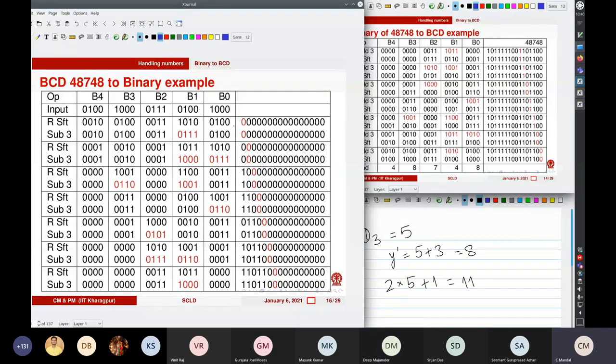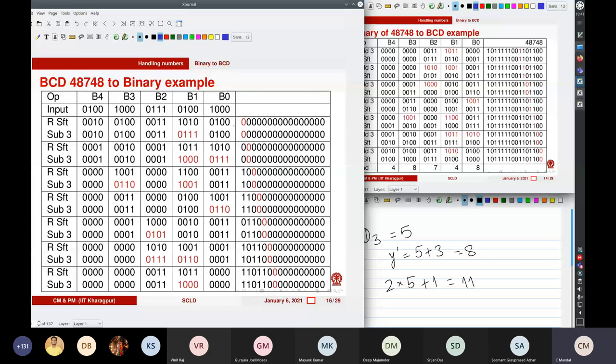Over there also, you start off with all zeros, because D0 is all zeros. The first 3 steps involve just left shifting when you are converting from binary to BCD, because there is no correction to be made in the first 2 steps.